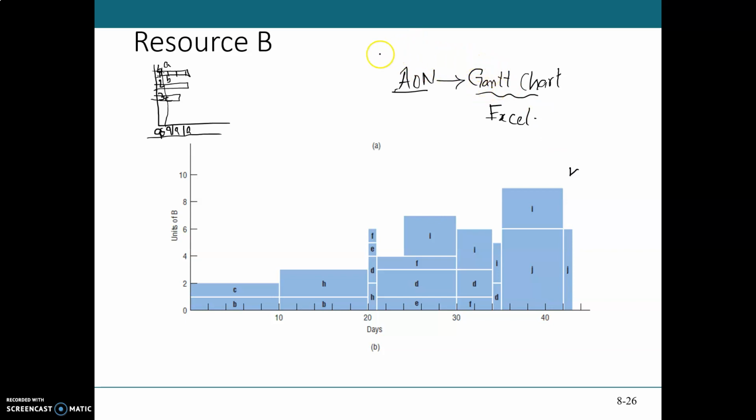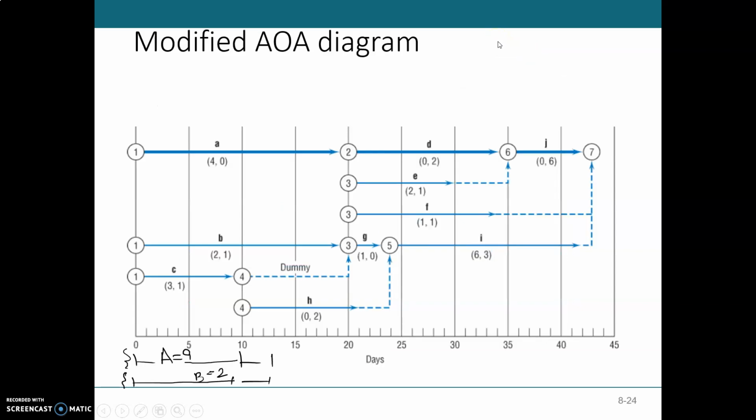So in the present approach, we use the modified activity on arrow diagram. Remember this was the modified activity on arrow diagram. In this diagram you have just rearranged the activities to show them at their earliest start points.